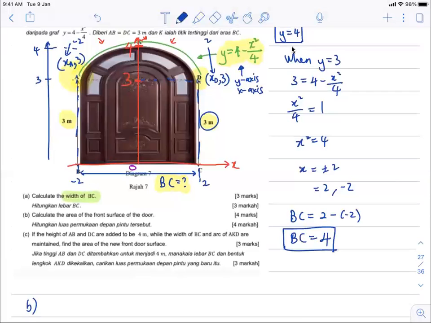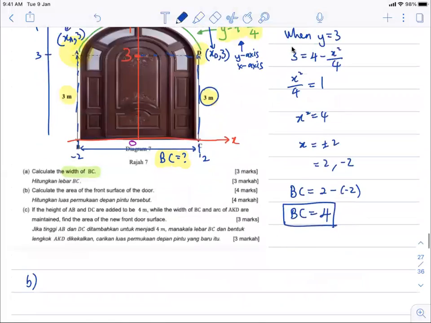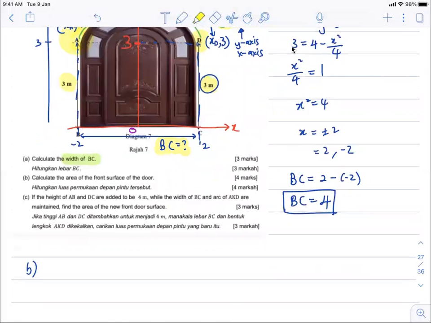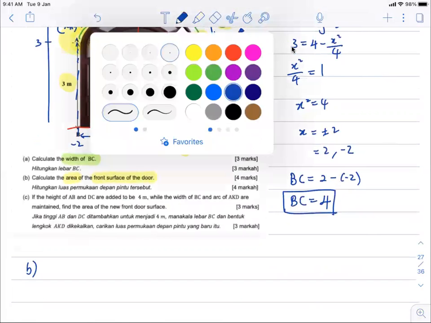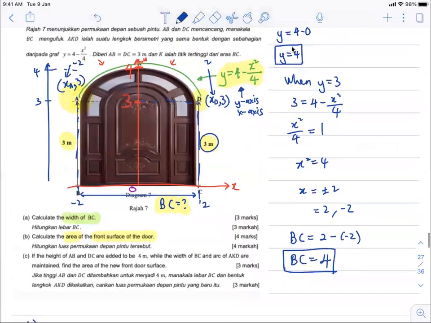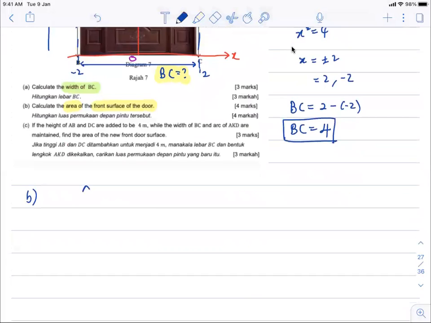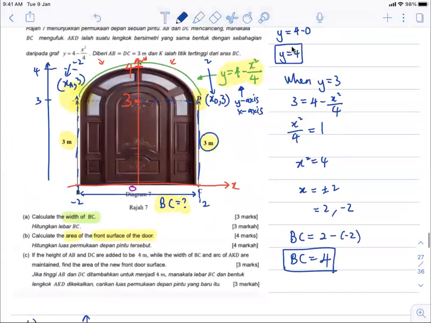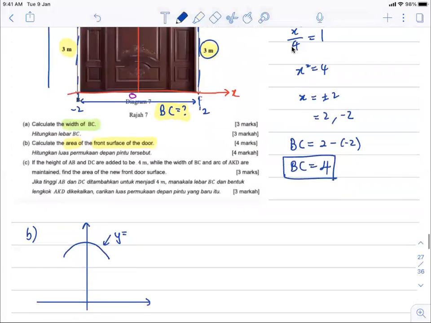Okay, now we can move on to part B. Part B asks us to find the area of the front surface of the door. Okay, so let us redraw this door. This part follows the equation y equal to 4 minus x squared over 4.